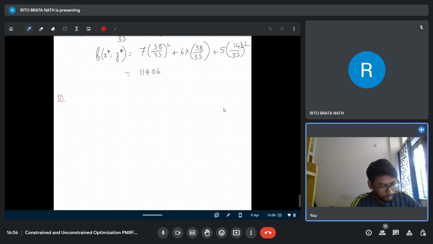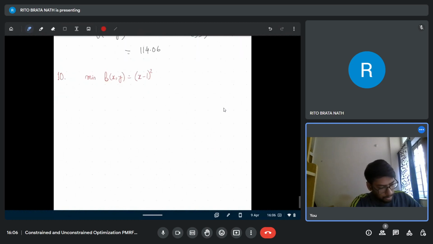And the final problem is minimization of f(x, y) equals (x minus 1) whole squared plus (y minus 2), subject to 4x plus 3y equals 12 and x plus y. So this is the mistake. This should be less than or equal to 4, I think.